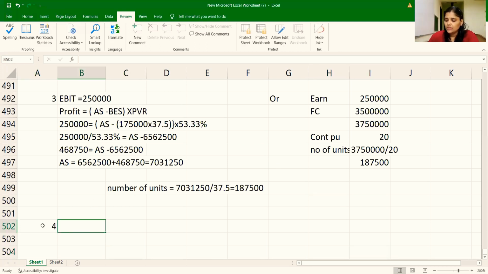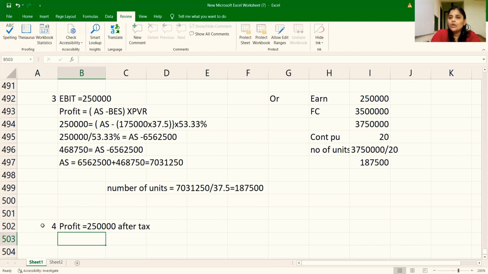Next question is to estimate sales for an after-tax profit of 2,50,000. You want a profit of 2,50,000. At that time what should be your sales? So if I go by the formula method, I need a profit of 2,50,000 after tax.